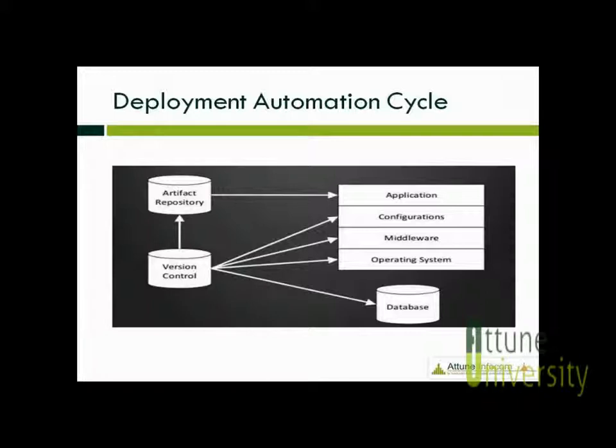Then it comes to the database layer and application layer. Whatever code you are developing comes in the application layer. It consists of application, configuration, middleware, and operating system. So your code should pass all these scenarios.